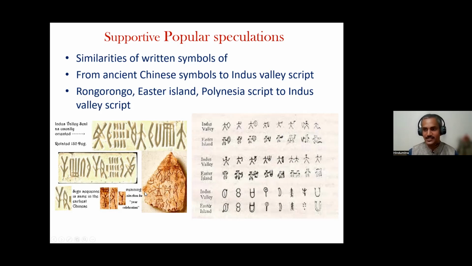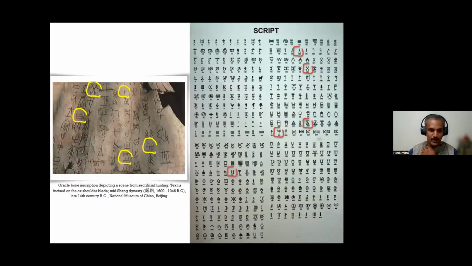And the Chinese have an interesting way of keeping their records. They used to write on the back of a tortoise shell, and they call them oracle bones. You can find them in museums if you go. And these are the symbols of ancient Chinese characters.